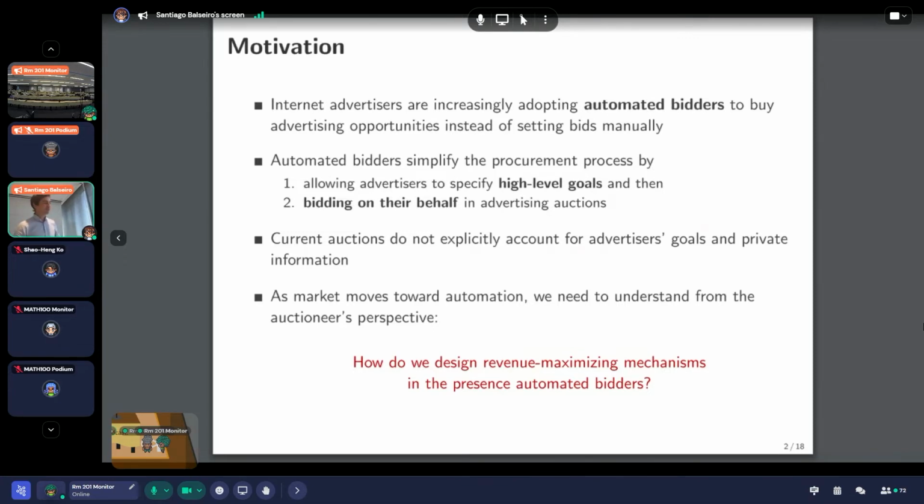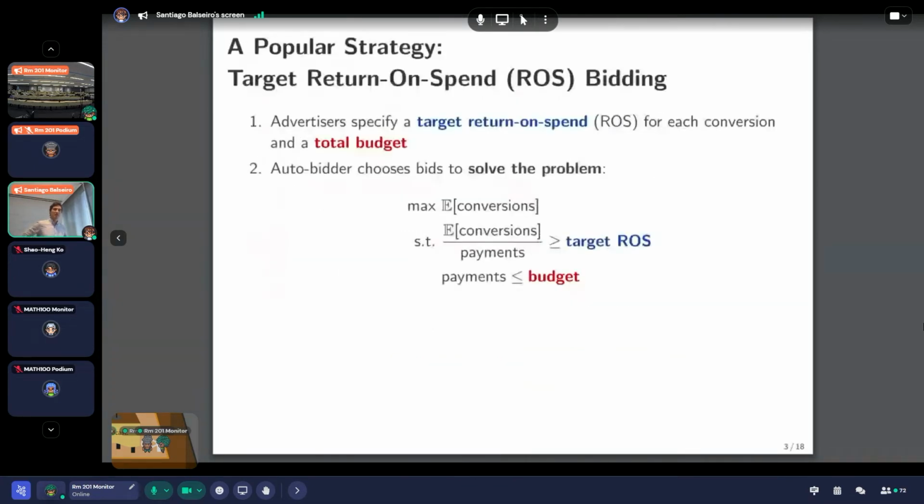Now, one popular strategy that is used quite a bit in practice is target return on spend bidding. What's the idea of target return on spend bidding? Advertisers specify a target return on spend for each conversion and a total budget. And then the auto bidder is going to choose the bid to solve this problem. It's going to try to maximize the expected number of conversions, subject to two constraints.